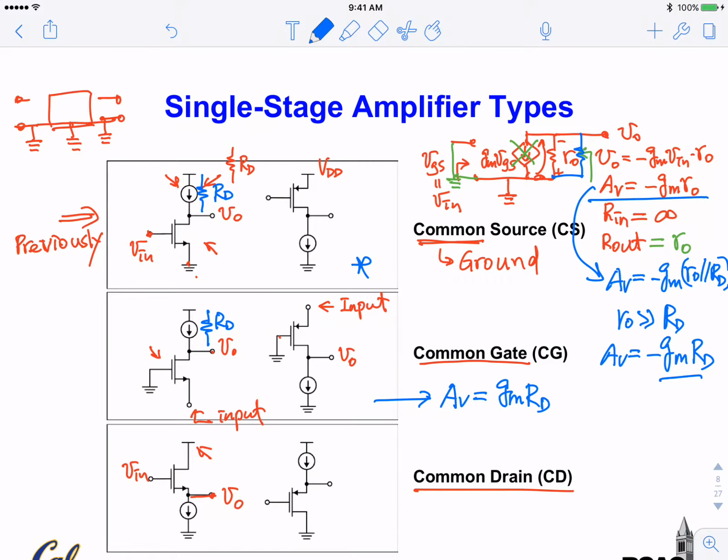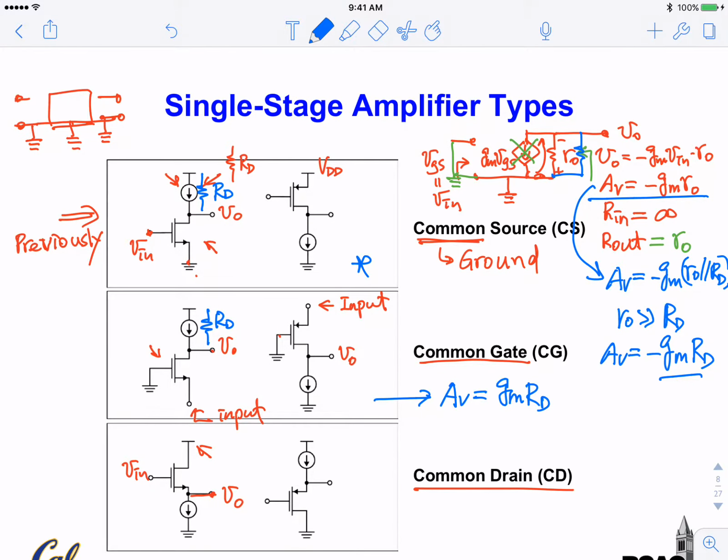But what's the current gain for common source? For the upper configuration, common source, what is the current gain, Ai? You can find it by just looking. You don't need to draw the small signal model.